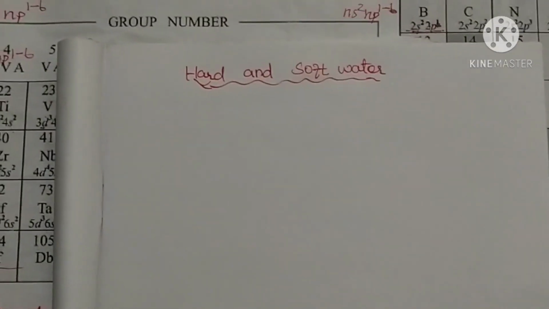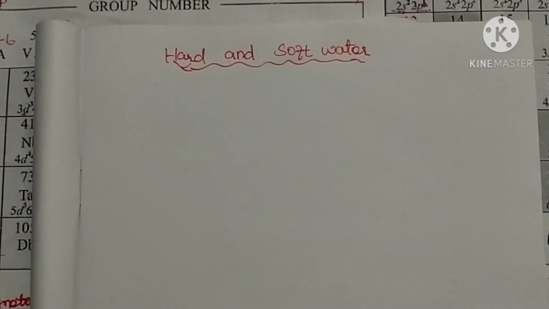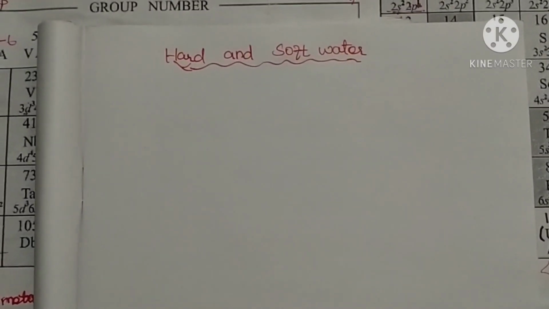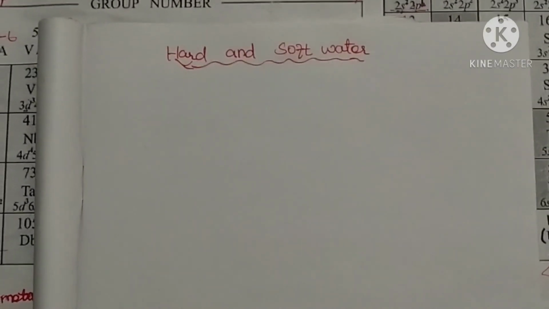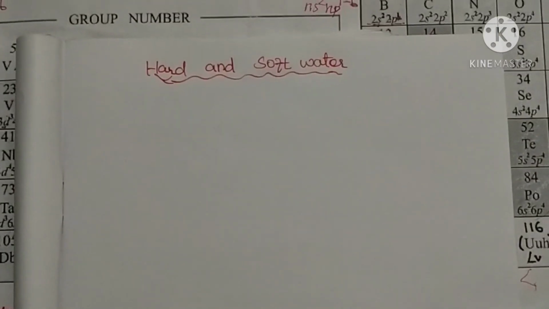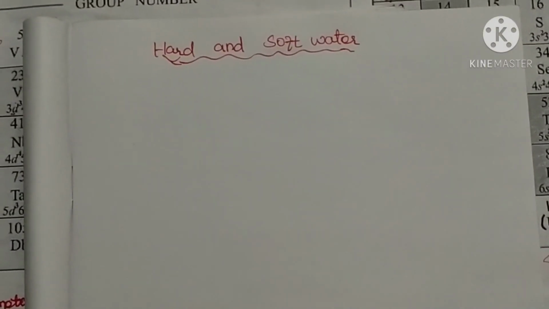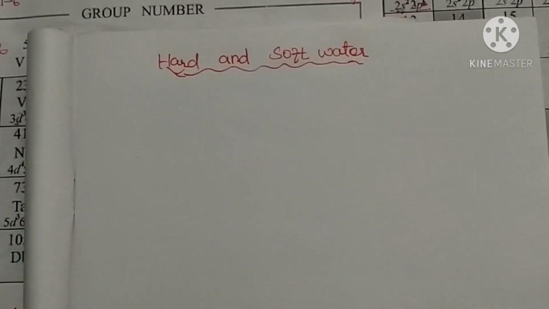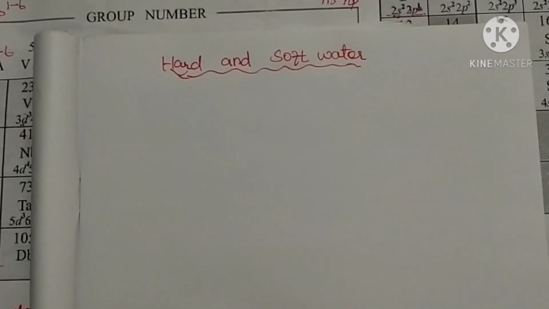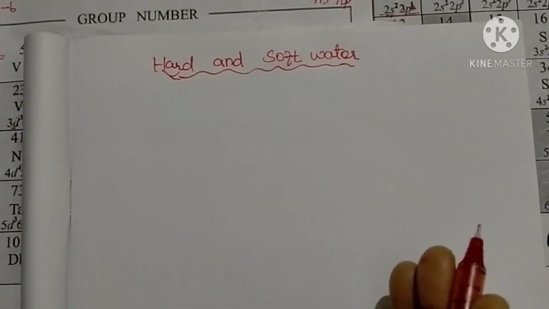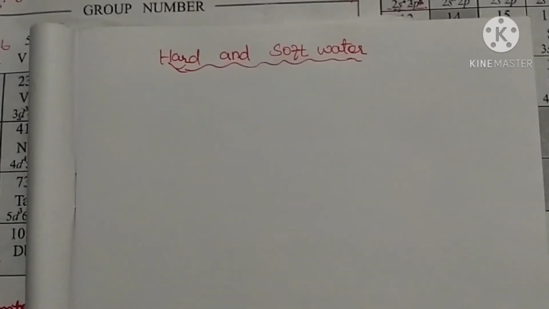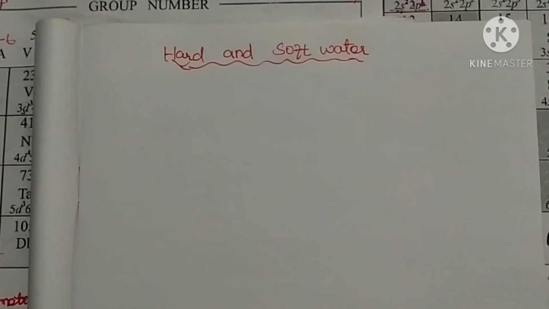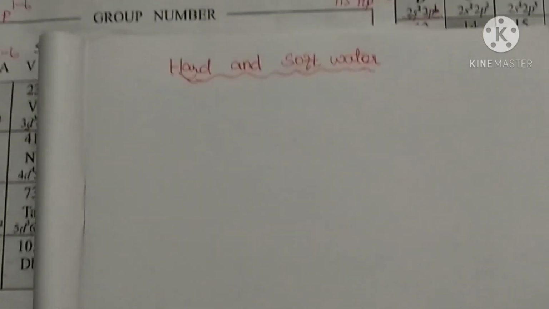In some kinds of water, the soap, detergent, and wash solution we use for cleaning do not give much froth. Why? Because of the character of water, hard and soft water. Generally, hard and soft water have opposite characters. Hard water can't give much froth when using detergent and soap.